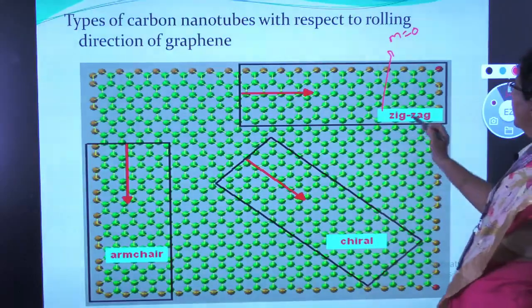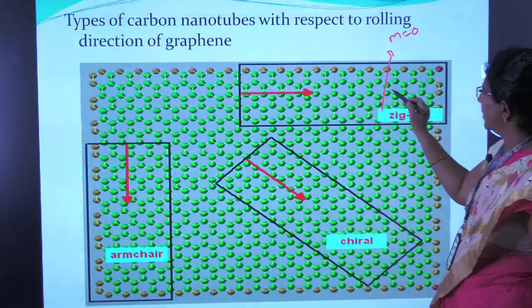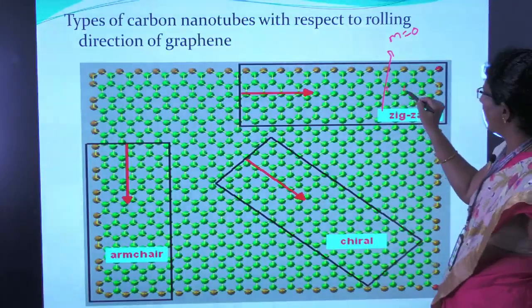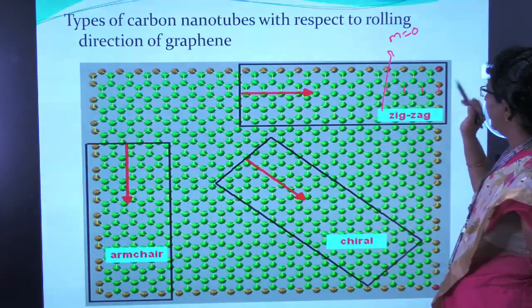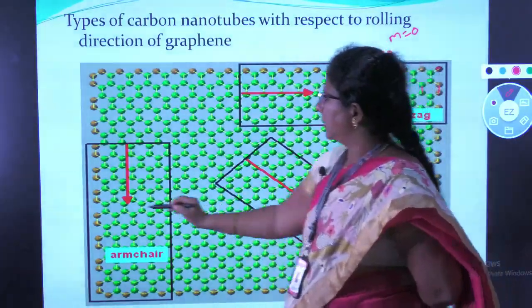Here the lines of the carbon bonds will be down. See here, these are the lines of the carbon bonds. These are lying down.